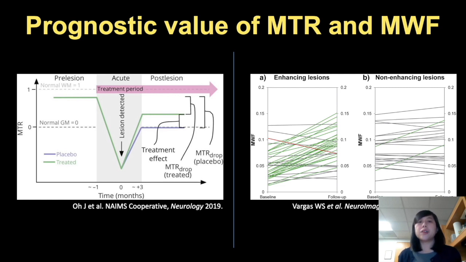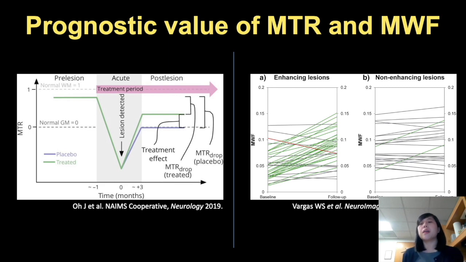The differential effects on MTR recovery in acute lesions have been demonstrated as well for specific therapies, suggesting variations in remyelination capacity. Similarly, myelin water fraction has been studied as a surrogate of myelin content and has been shown to increase over 6 months following the appearance of enhancing lesions, as would be expected in repairing tissue.